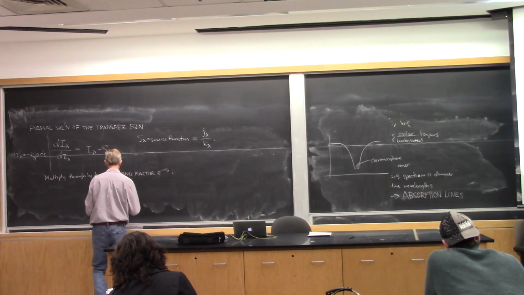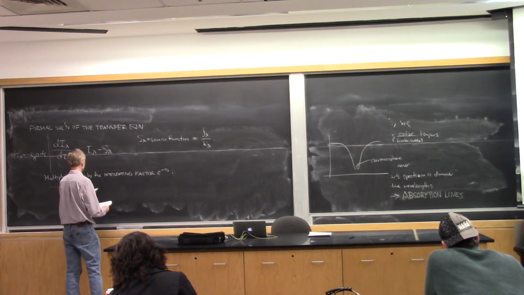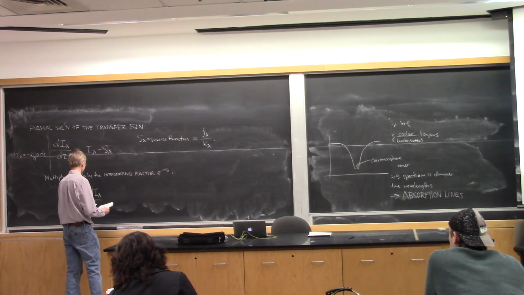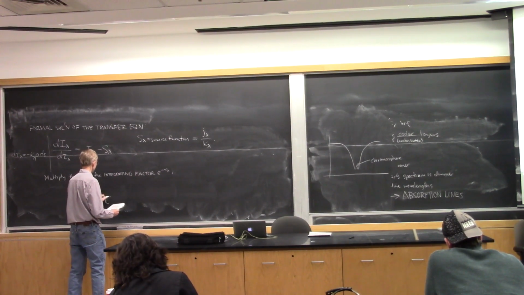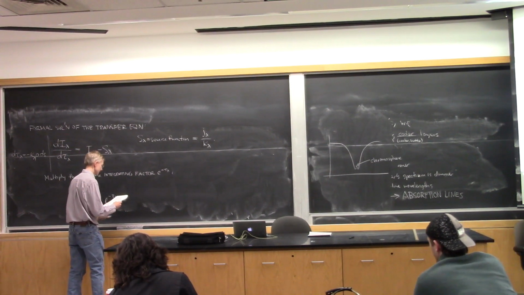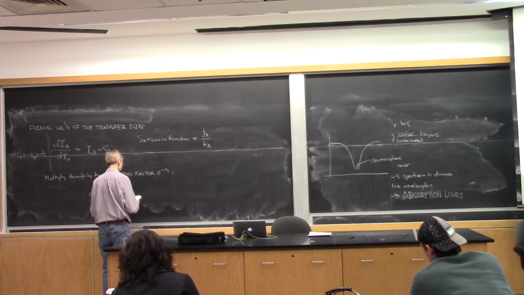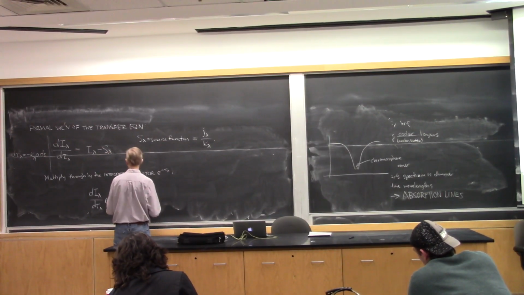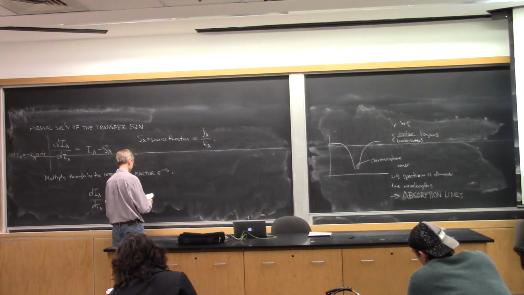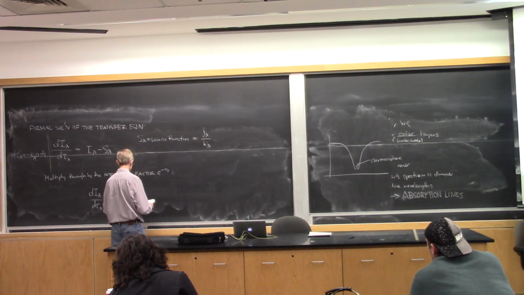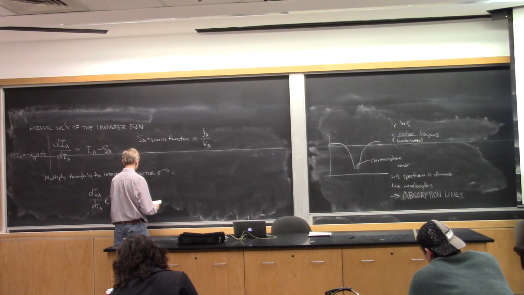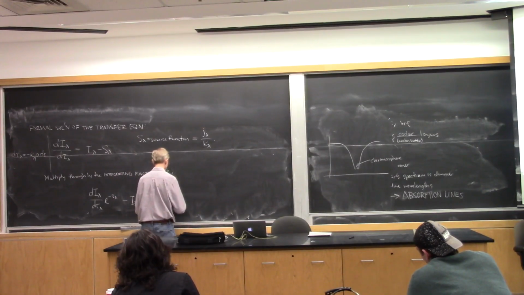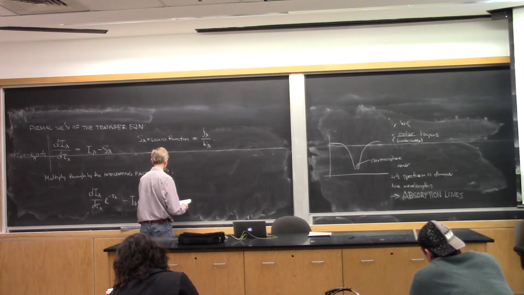So we get that dI lambda over d tau lambda times e to the minus tau lambda minus I lambda e to the minus tau lambda is equal to minus S lambda e to the minus tau lambda.